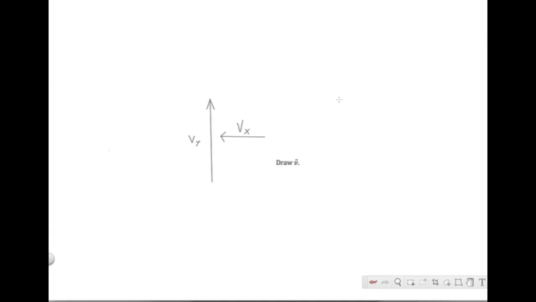Well, please pause the video and try this problem. Well, first we take one of the components. It could be either the x or the y, and we copy it. So I'll take the x component. Then we can take the y component and copy it.